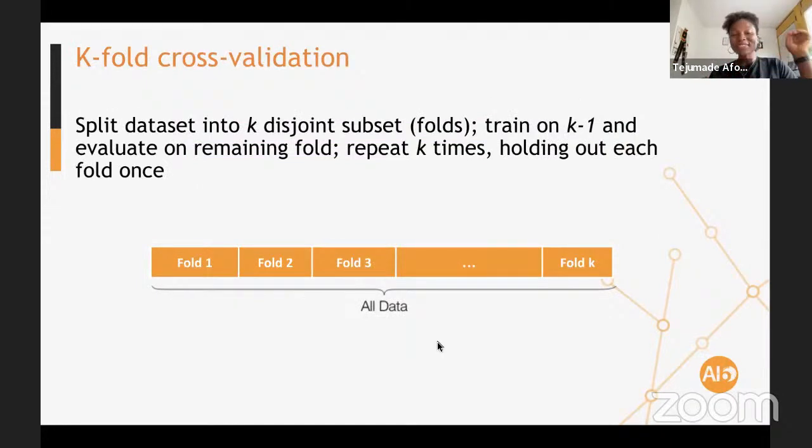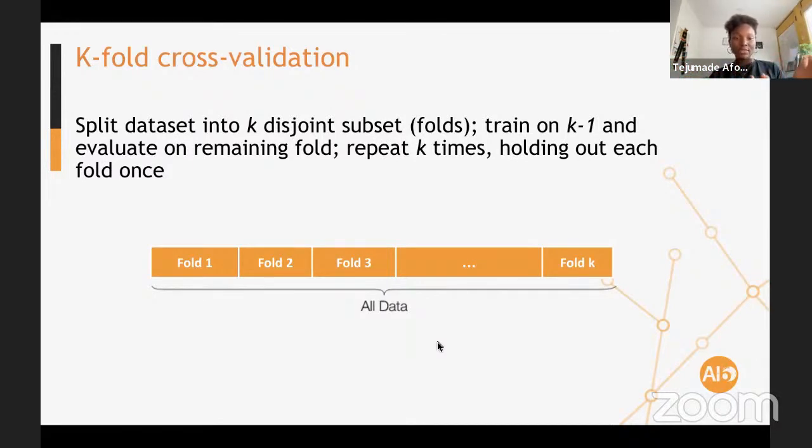So if you don't have enough data, usually what you do is something called k-fold cross-validation. There are different techniques. One of them is to do k-fold cross-validation. And very briefly, what this does is that you split your data set into some k disjoint subsets, also known as folds.